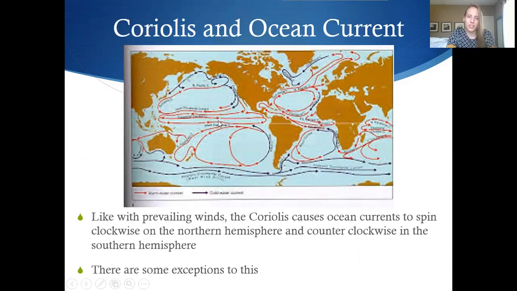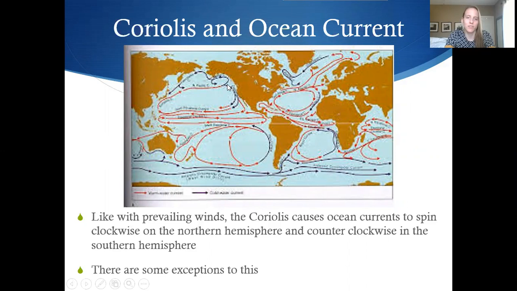So this is essentially our main ocean currents here. And like the prevailing winds, the Coriolis effect is going to cause ocean currents to spin clockwise in the north and counterclockwise in the south, for the most part. So if we look up here, obviously this is North America right here, and our main ocean current, as you can see, is spinning clockwise.